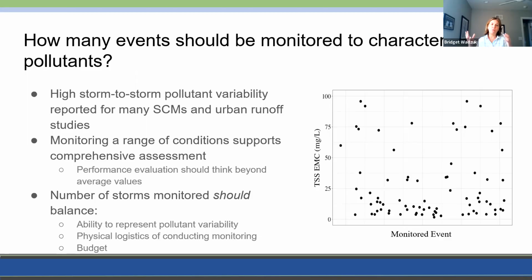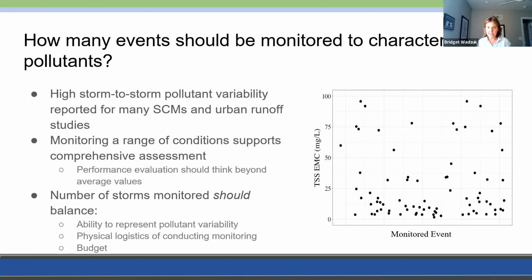So what we wanted to think about is how we can create a monitoring program that is efficient, in that there are physical, logistical constraints on conducting monitoring. It rains more than our working hours, 9 to 5, Monday through Friday. So what are the physical constraints there?